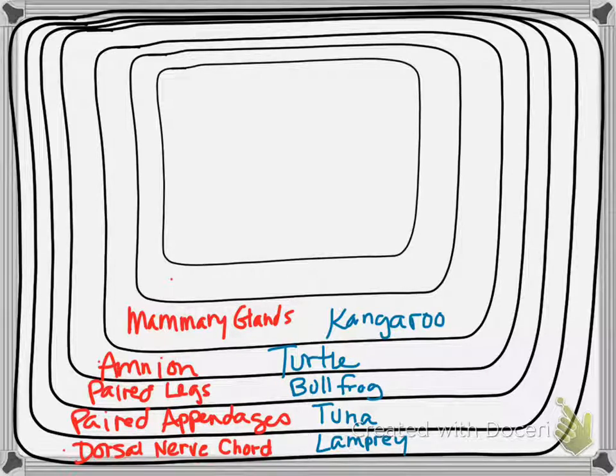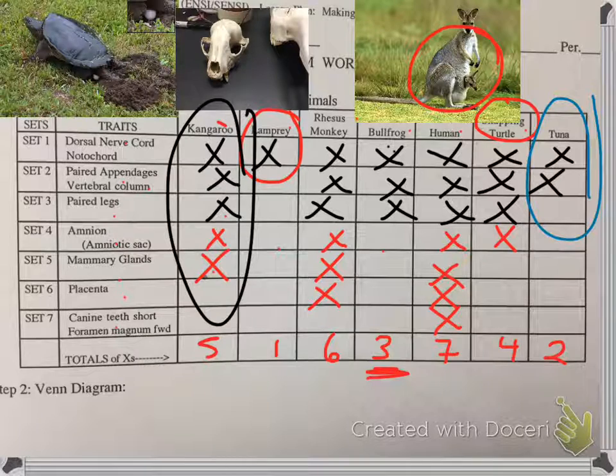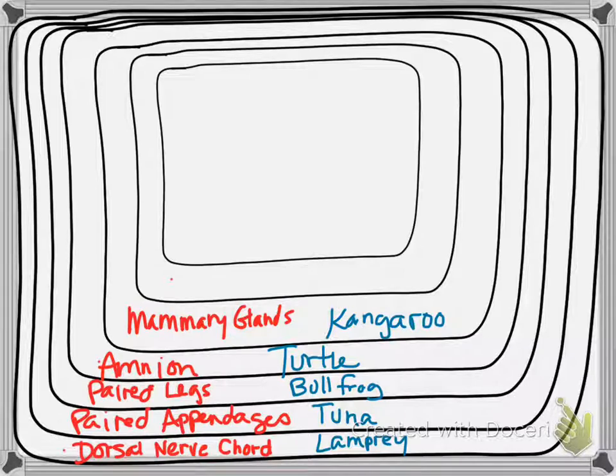What's the next step? What's the next structure that we see develop? Placenta! And who's got a placenta? Monkey. Yep, the rhesus monkey. Okay, last characteristic to develop, short canines.